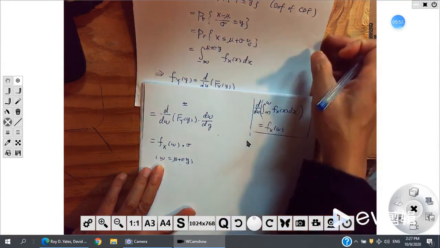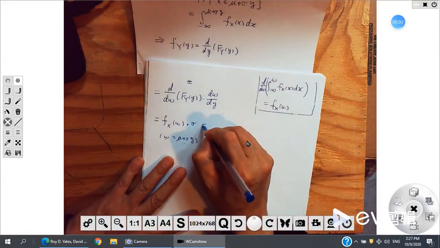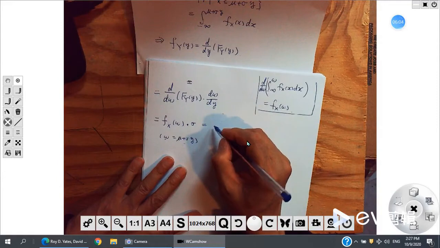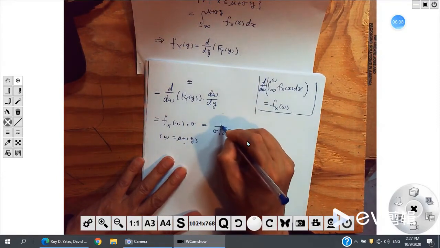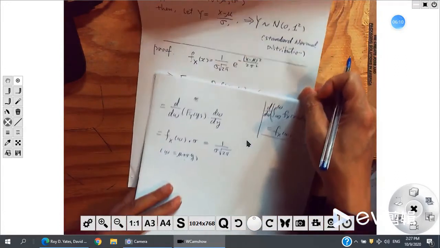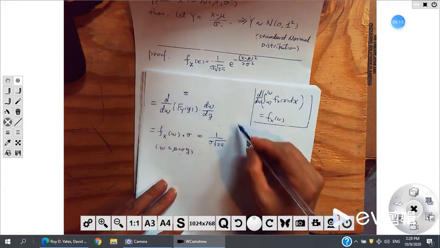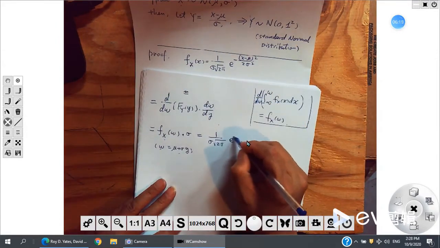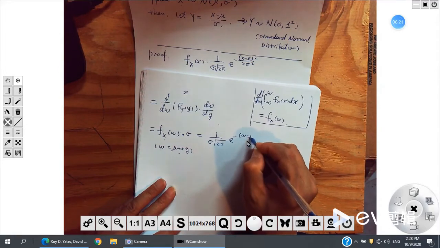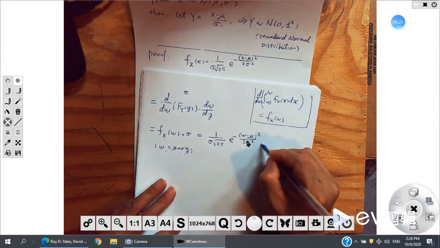Am I good? Let me see. Okay, so what will be this? This is 1 over sigma square root of 2 pi, right? f_X(x) is this one. Now f_X(omega) will be e to the negative (omega minus mu) square over 2 sigma square, right? Times sigma.